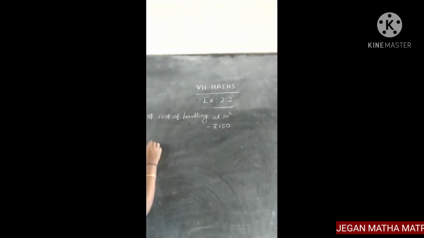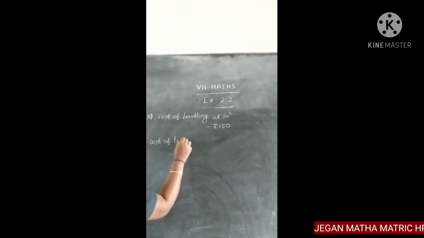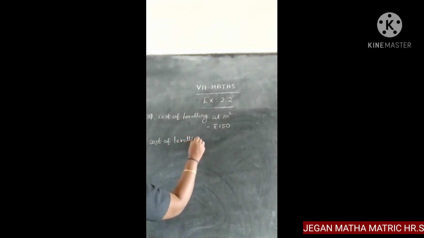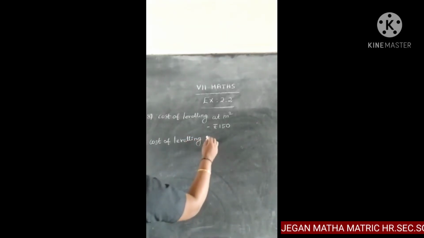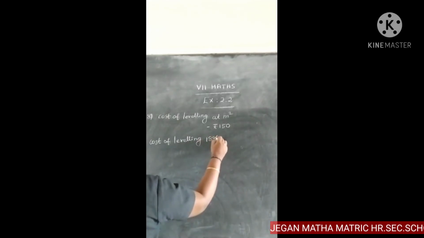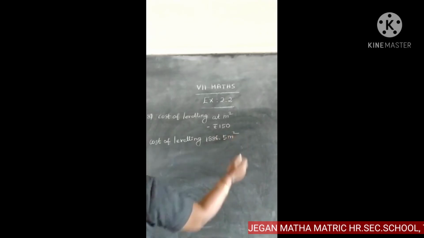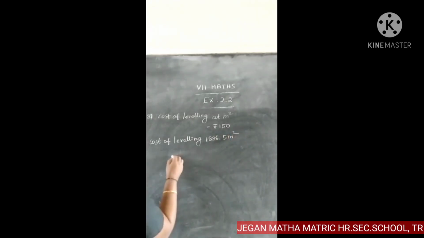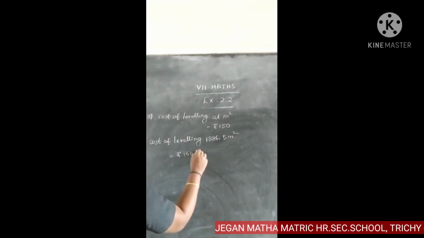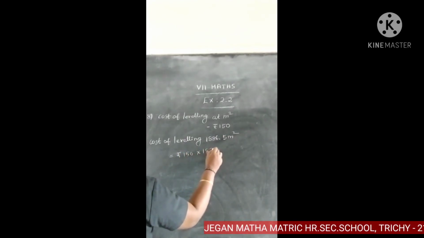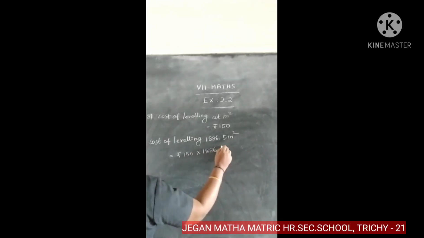So we find the cost of leveling 1886.5 meters square, which is equal to rupees 150 multiplied with 1886.5.